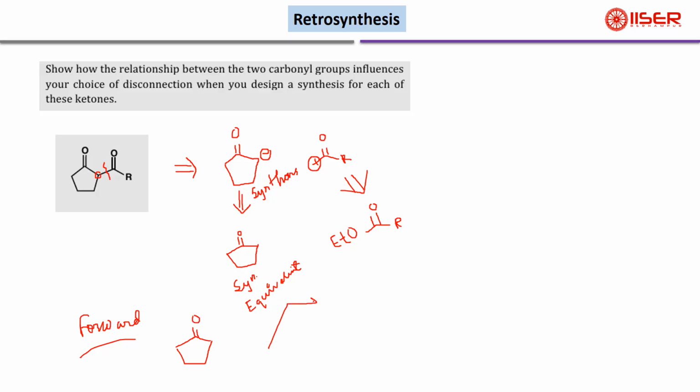This negative charge at the alpha position can be generated in two ways. One is simple LDA, lithium diisopropylamide.